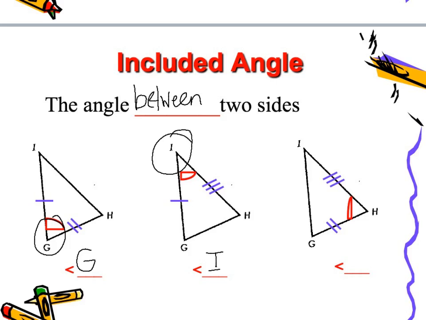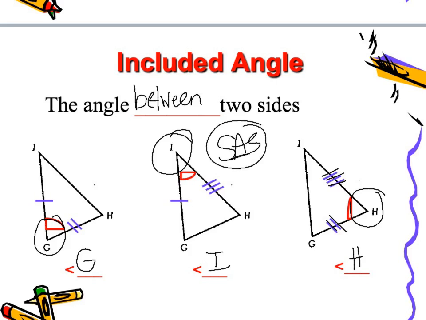I. In the last example, which angle is in between the 3 blue stripes here and the 2 ones here? H. So that's how you pick out the included angle. All of these are SAS because the angle is in between the two sides. So you've got two so far: SSS and SAS.